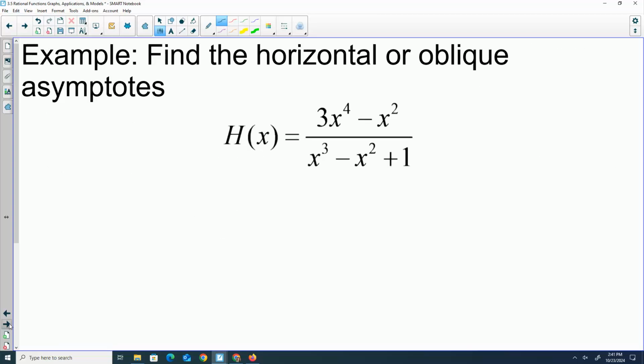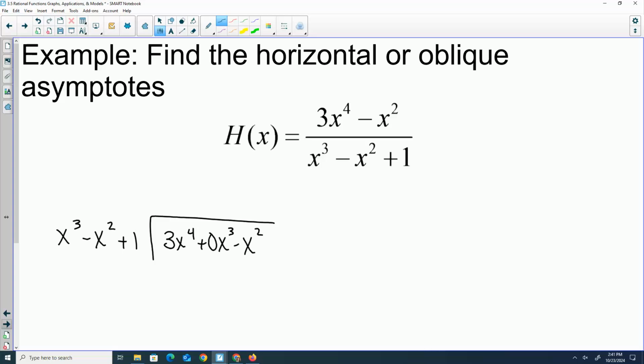Okay, if I look at this one. If I set this up like a division problem, you're missing some powers of x. You could put those in if you wanted, or at least the x cubed, because we're missing that. We aren't going to need to divide everything here.